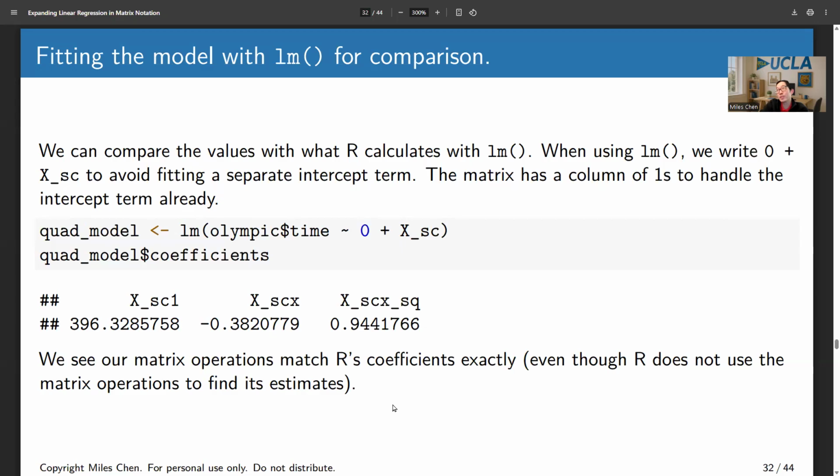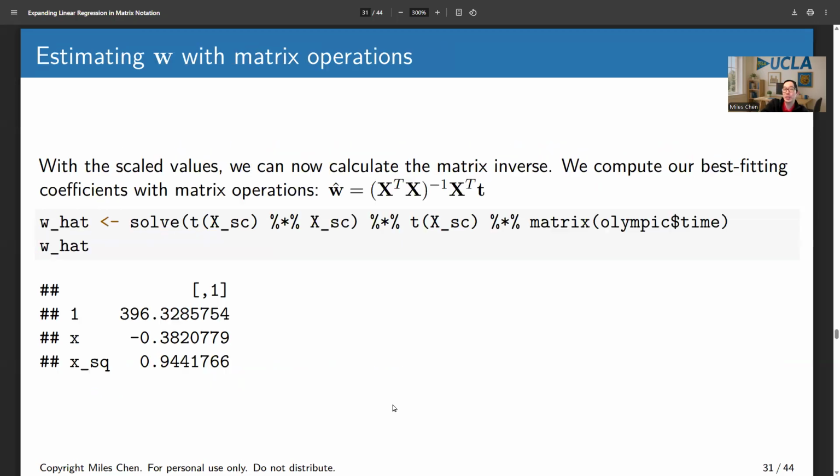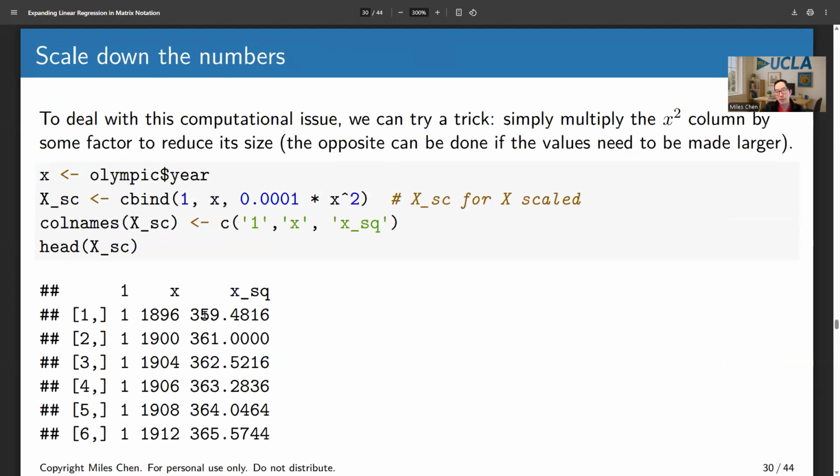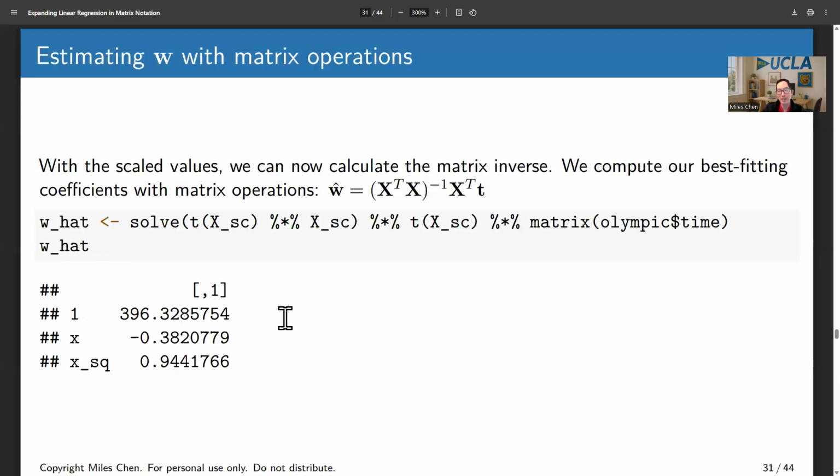And again, we're just doing some workarounds to avoid some of the problems we run into with floating point numbers. So we haven't solved any intrinsic problems with floating point numbers. We're just adjusting things so we're not running into that issue.